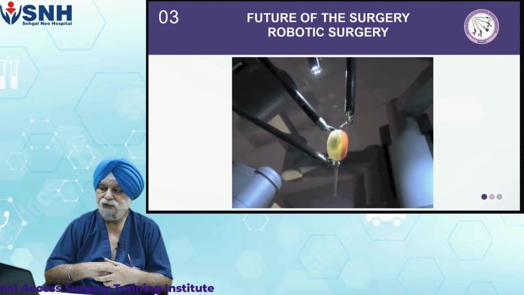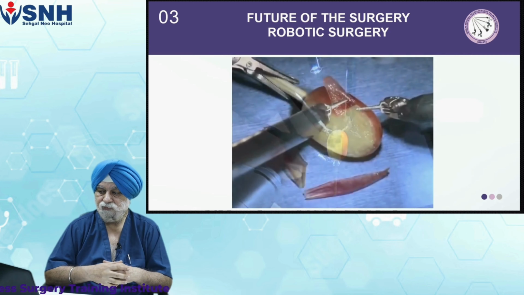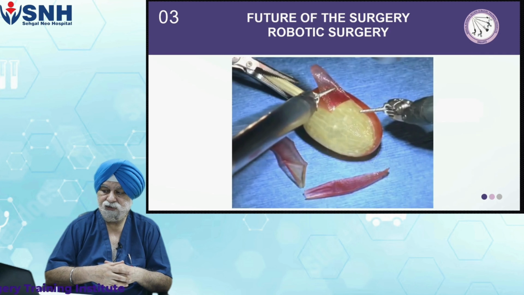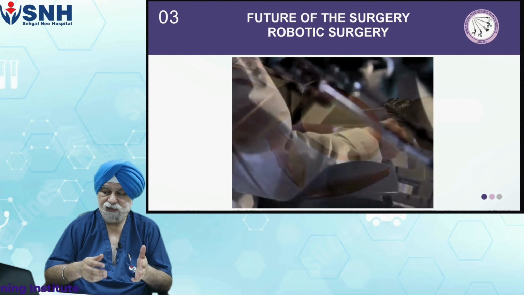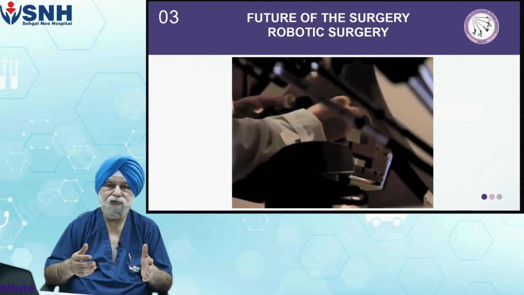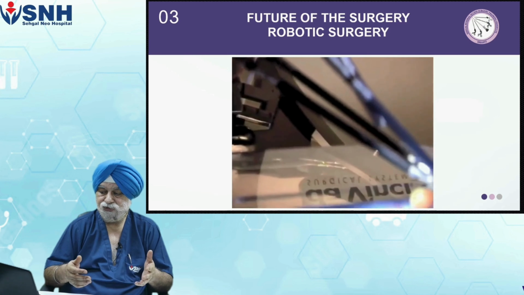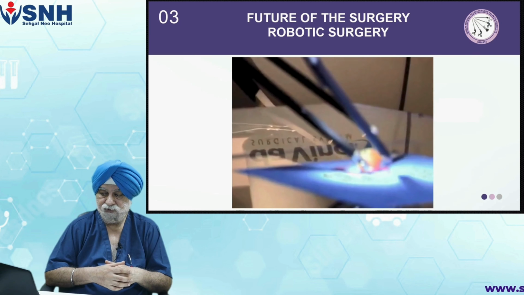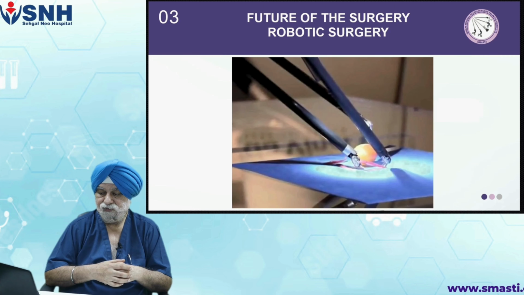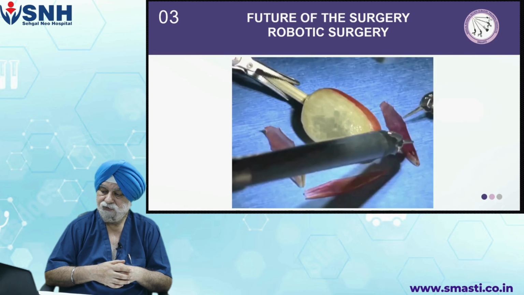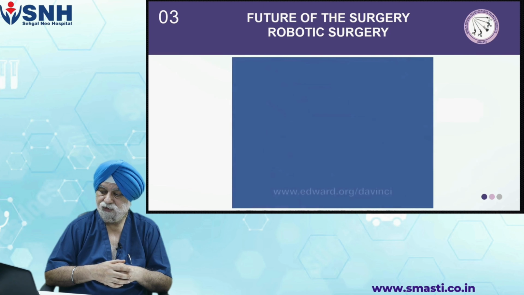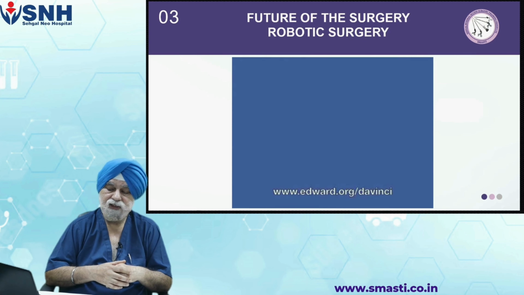You can see in this video how beautifully the surgeon is de-skinning the grape. Even with your own hand, I think this much precision is not possible. So bit by bit, you can see that the whole grape is de-skinned.